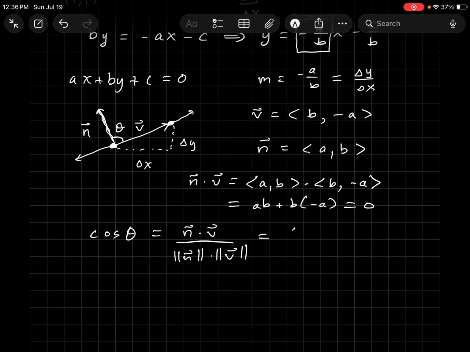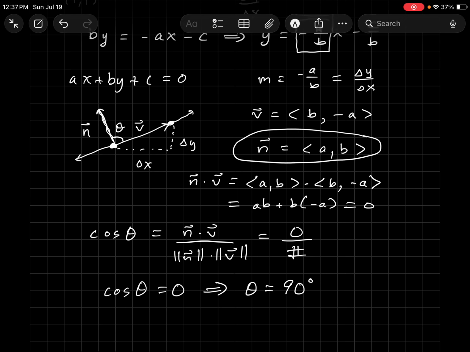So if n dot v is 0 over some number, that means the cosine of theta is 0, which of course means that theta is 90 degrees or pi over 2. So a vector normal to the line ax plus by plus c equals 0 could be given by a comma b. Or really, n in general is any multiple of that vector a comma b.